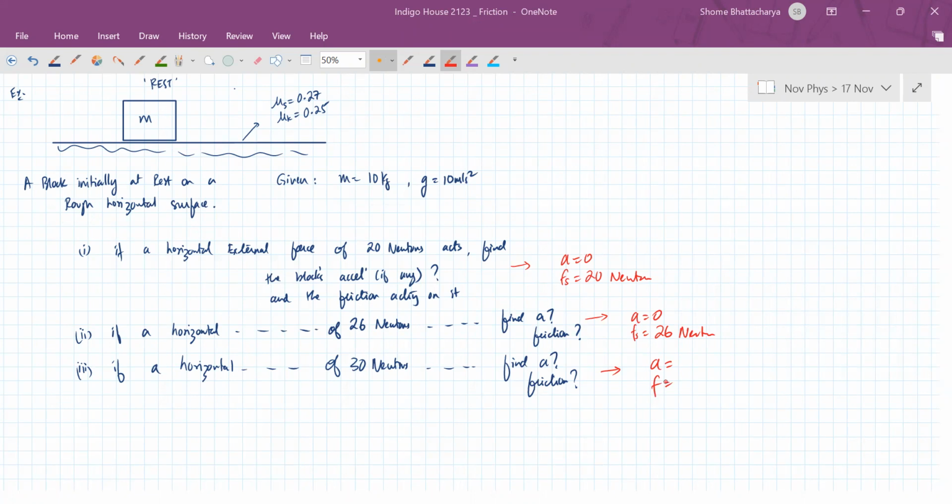Yes, very good, Krish. Your answer is correct. So there will be an acceleration of 0.5 meters per second square because there will be kinetic friction acting and that will be only 25 newtons. That won't be 26 or 27 newtons. Yes, correct, Ishita. Very good.